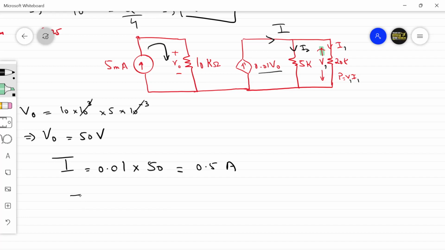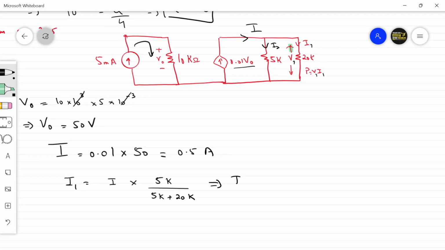So we have to find I1 by the current divider law. I1 will be equal to I into the opposite resistance, that is 5 kilo ohms, divided by the total resistance, that is 5k plus 20k.